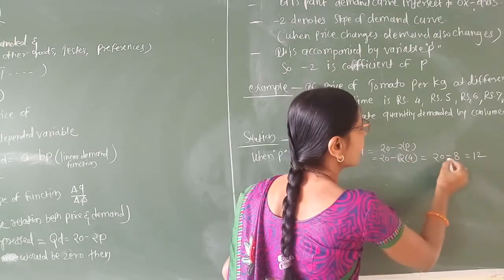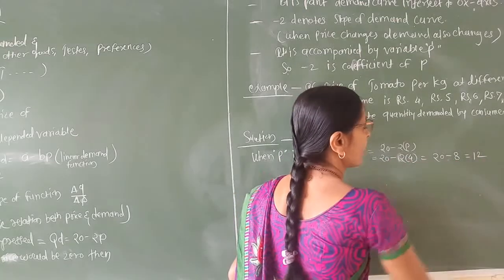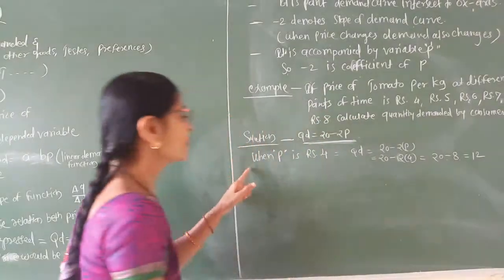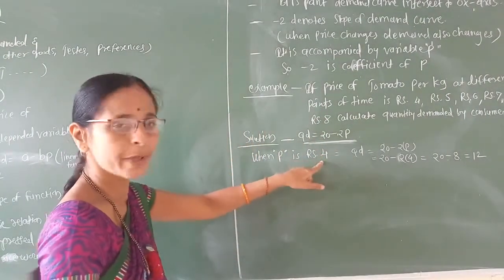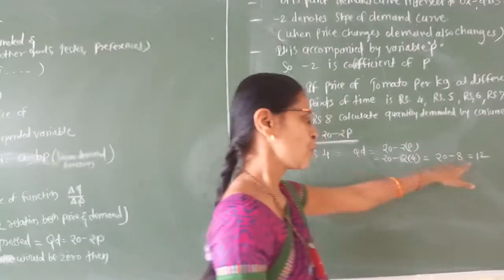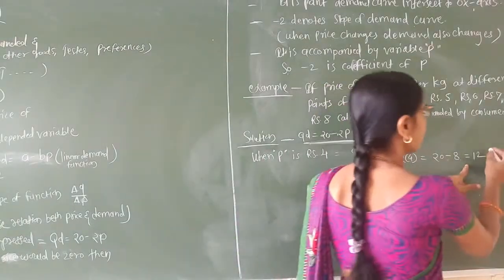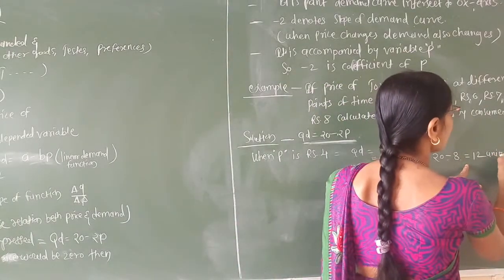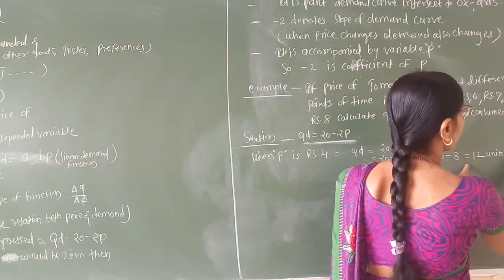So 20 minus 8 is equal to 12. If the price is rupees 4, the consumer demands 12 units of tomato.